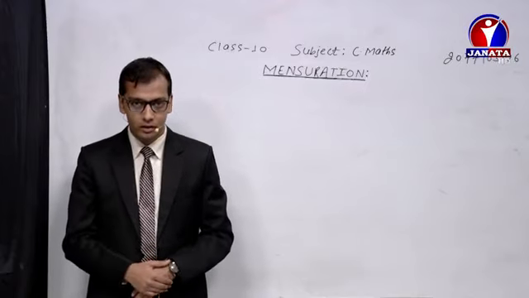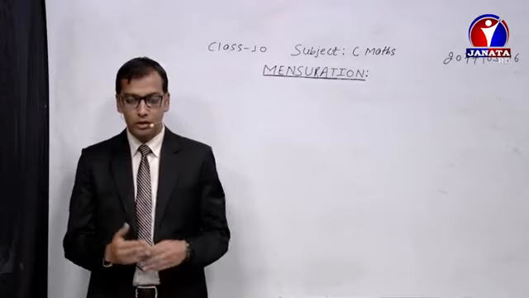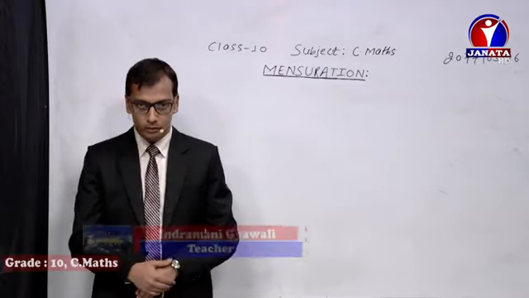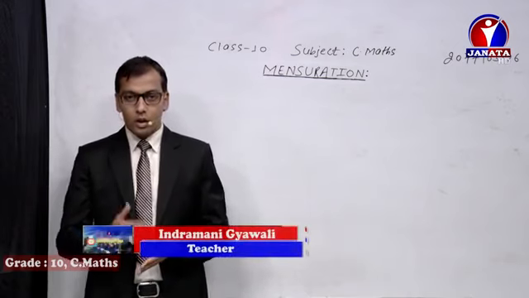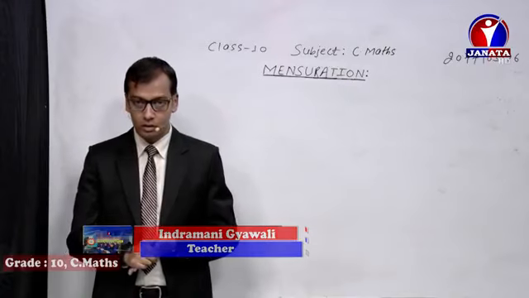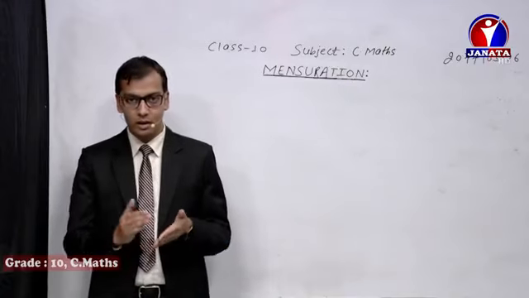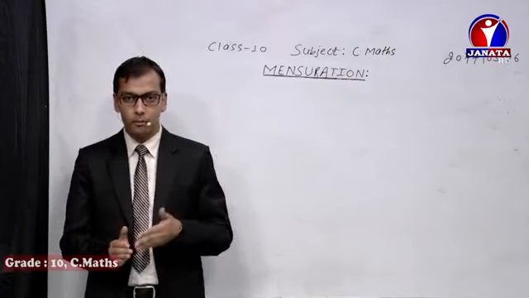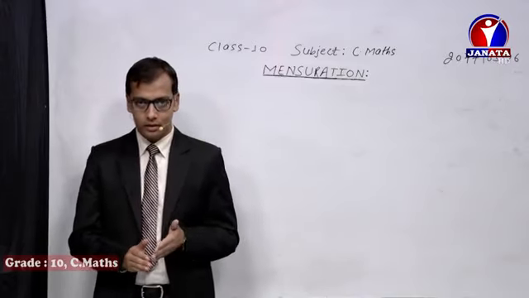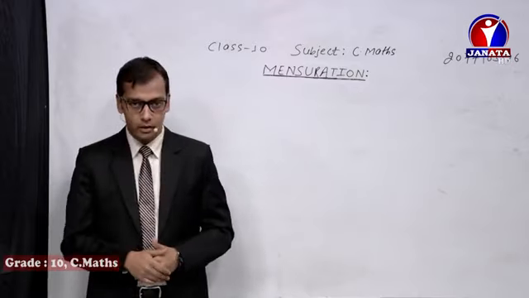So today we are going to learn about one interesting chapter of maths. It is mensuration. Talking about mensuration, this is one of the important branches of math that deals with the study of measurement of different geometric figures and their parameters.